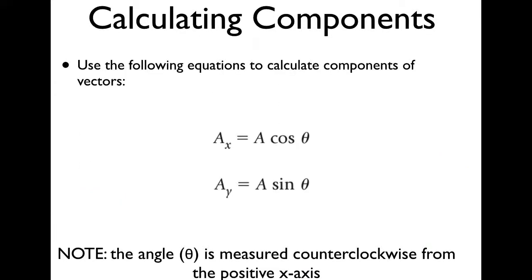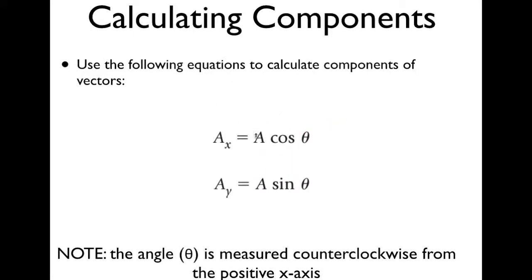If you want to calculate the components, you'll use these two equations, and basically this is going to be your x component. This is your vector right here. And this is the angle of your vector.